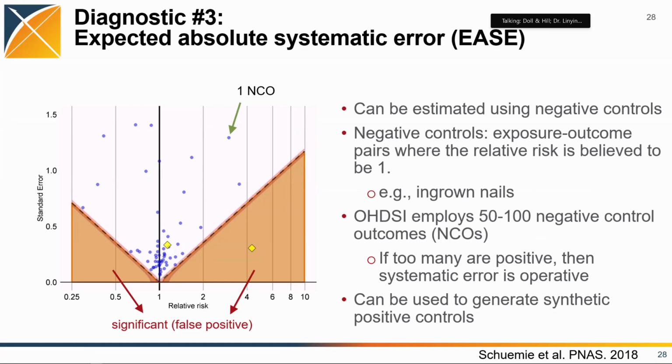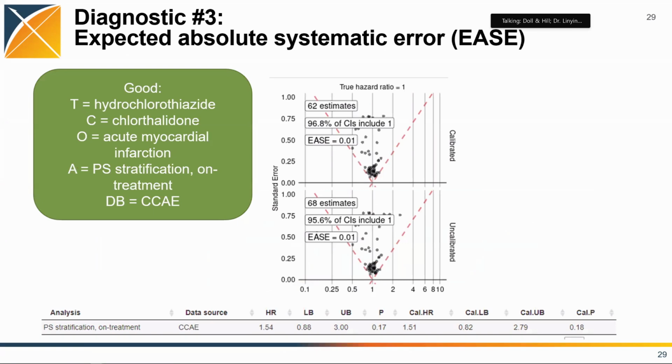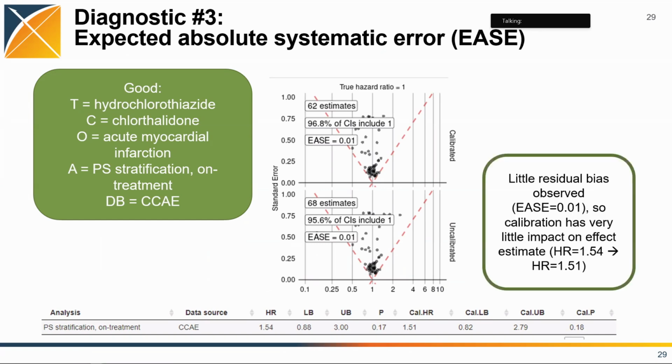And there's a formula for taking all the negative control outcomes, their effect sizes and confidence intervals, to compute what we call the E-score, which is a scalar value that allows us to assess the residual confounding. And here's a plot we did.